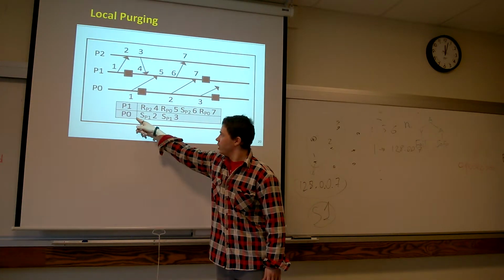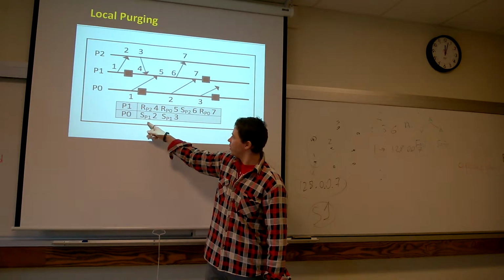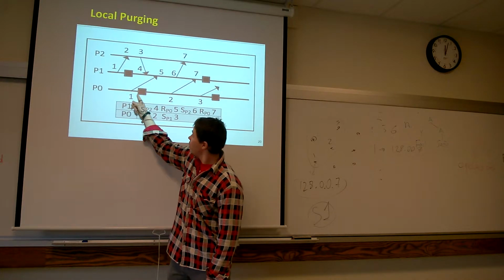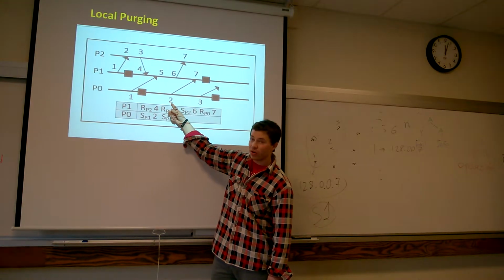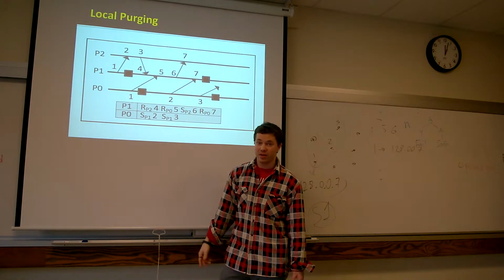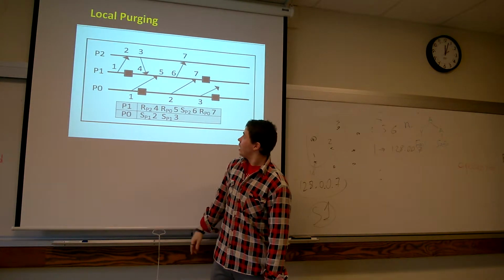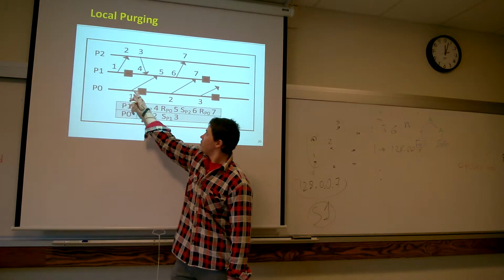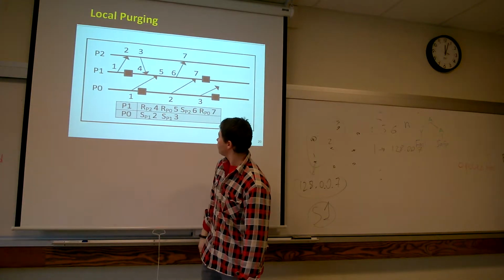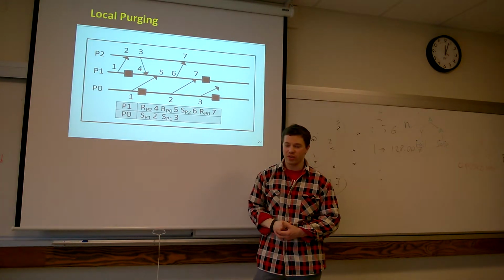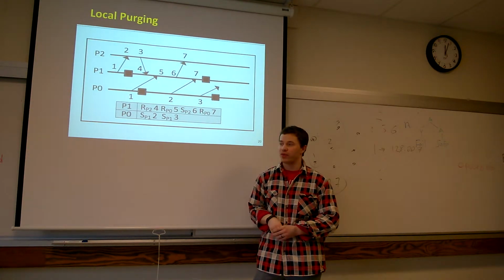In this case, as you can see, for P0 we have this black square, which means in our trace we are left with only messages 2 and 3. You have no idea that you ever sent message 1. And yet, for P1, you get purging at a different stage, and therefore you cannot, with good confidence, replay afterwards how exactly the messages were sent and received.